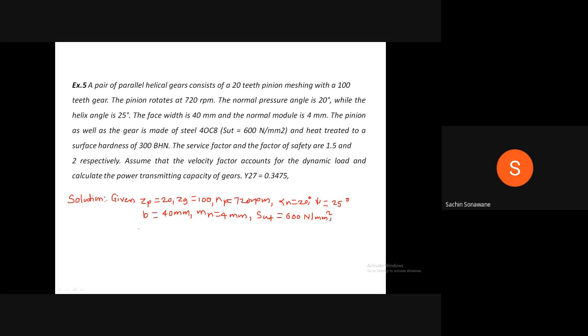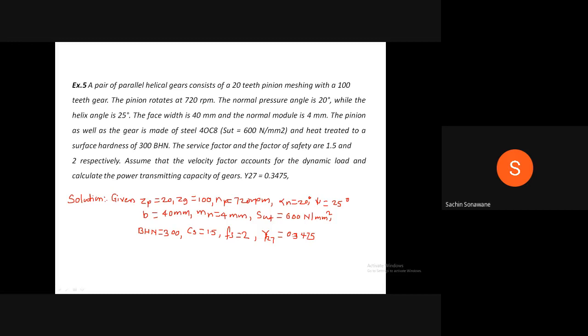Brinell hardness number BHN is equal to 300. Service factor CS is equal to 1.5. Factor of safety is equal to 2. Then Y27 they are given. Y27 is equal to 0.3475. Therefore, these are the given quantities. Now we will solve the problem. Those who have not written, please write within 1 minute.